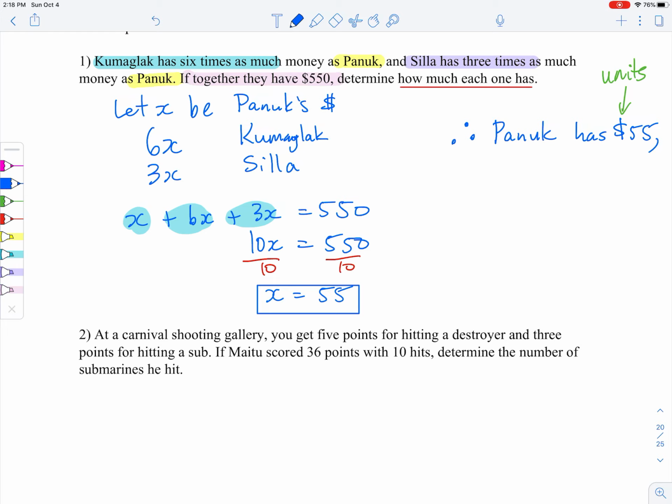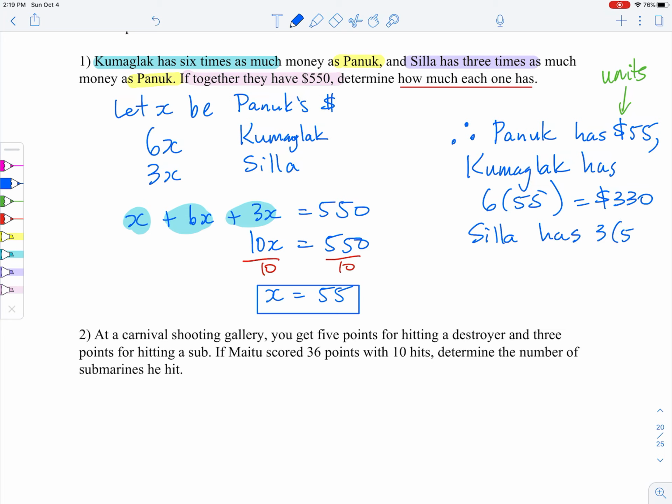And then if we look, Kamaglak has, well, he has 6 times 55. And 6 times 55 is going to be $330. And then Scylla has 3 times 55, which is $165.